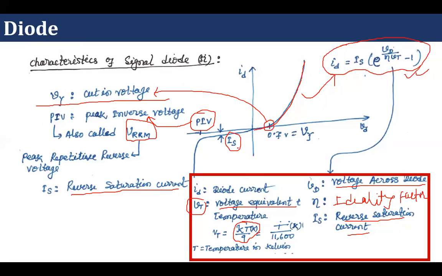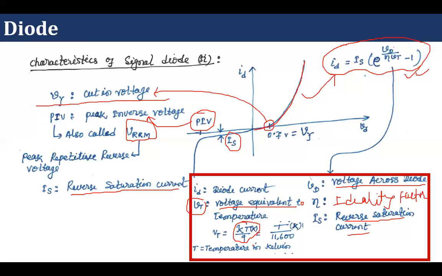It means this reverse saturation current depends on temperature, and even the current flowing in the forward bias direction depends on the temperature, and that's why we have the terminology of voltage equivalent of temperature. If we do the division of k and q, we get the same formula: T, the temperature in Kelvin, upon 11,600.